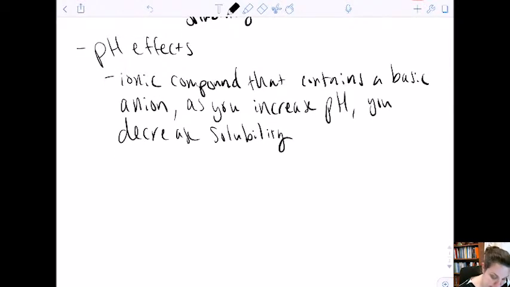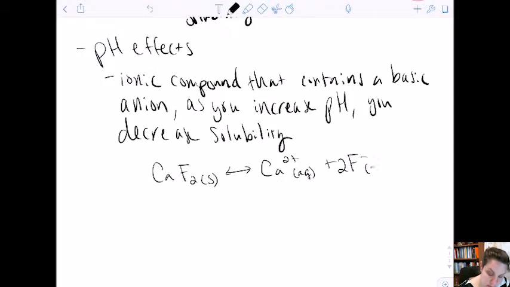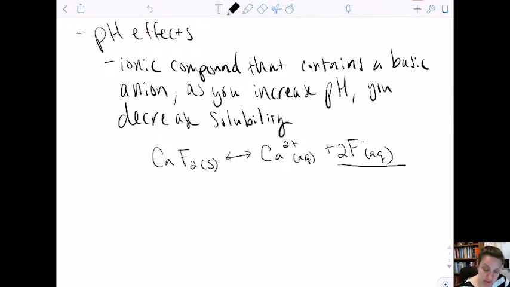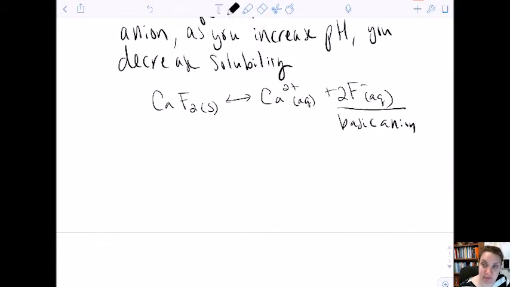So, for instance, calcium fluoride. When we dissolve calcium fluoride, we produce a basic anion, right? That it comes from HF. HF is a weak acid, so it produces a weak conjugate base, so this is a basic anion. When we increase the pH of the solution that it's in, we're going to decrease our solubility.